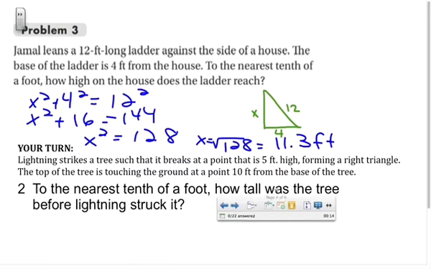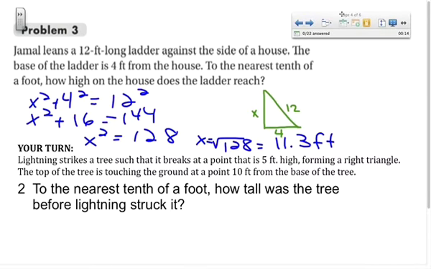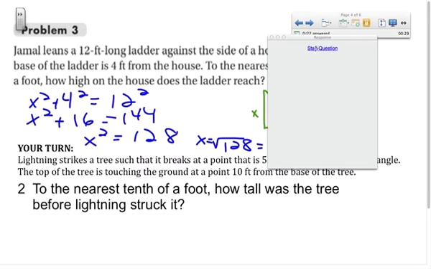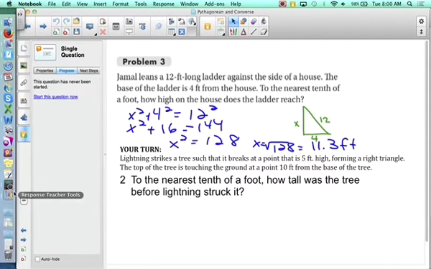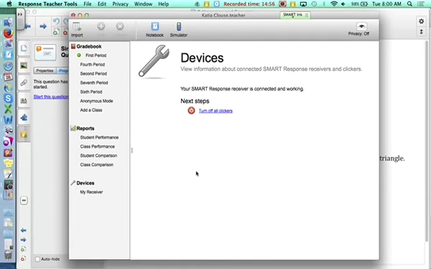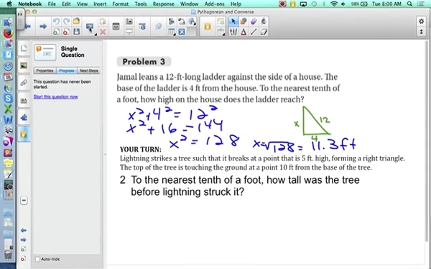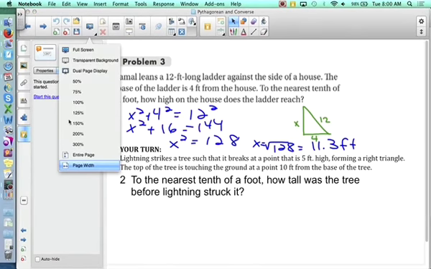When you find your answer, please type it into the Centio. It's not letting you? I love technology when it works. All right, so much for the Centios.